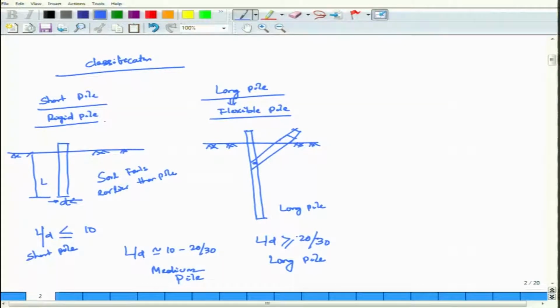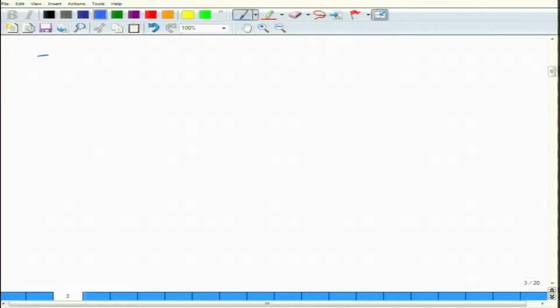Let us go to the other part of the pile classifications in detail, so that you have an idea how the classification has been made. So, types of pile, basically classification of the piles. There are three parts.